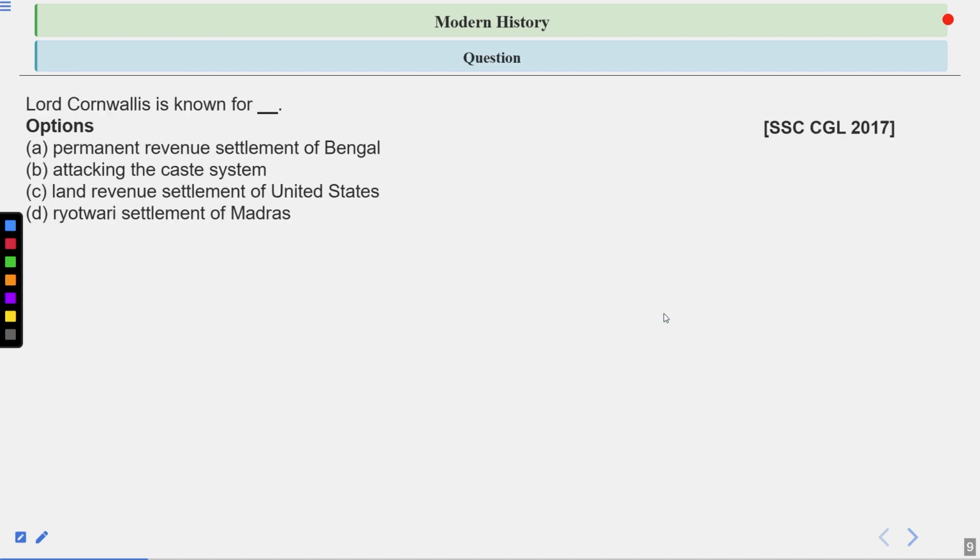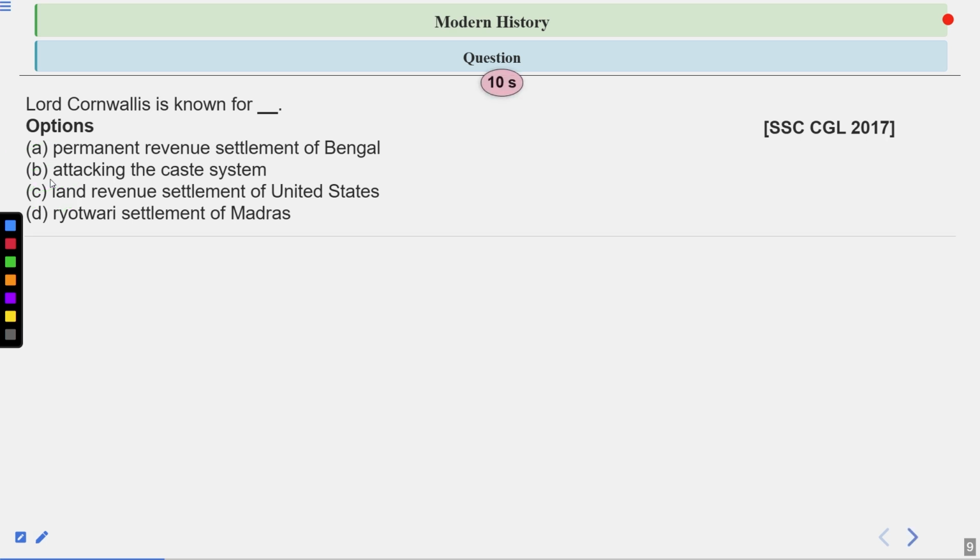Next question is, Lord Cornwallis is known for, options are permanent revenue settlement of Bengal, attacking the caste system, land revenue settlement of United Provinces, Ryotwari settlement of Madras. To answer, 10 seconds are there.